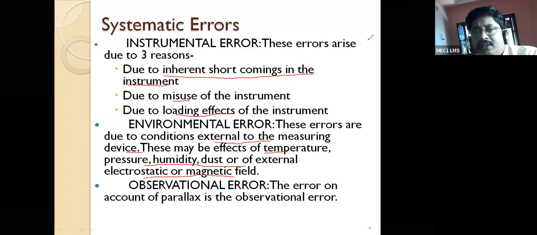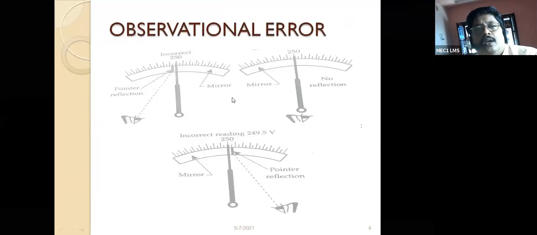In the next slide, I will give a clear idea about this observational error by a human taking a measured value. See here, observational errors. When the human eye is here, it reads at this point.